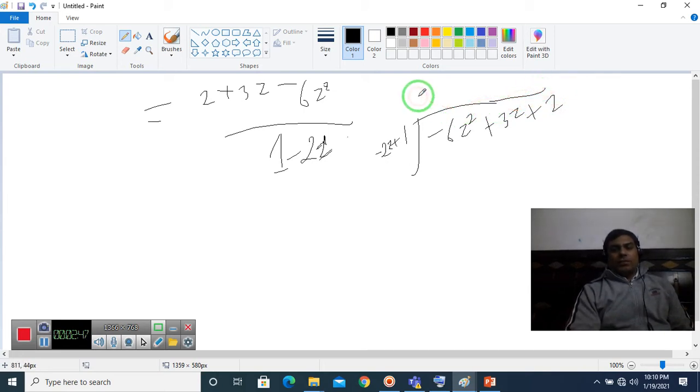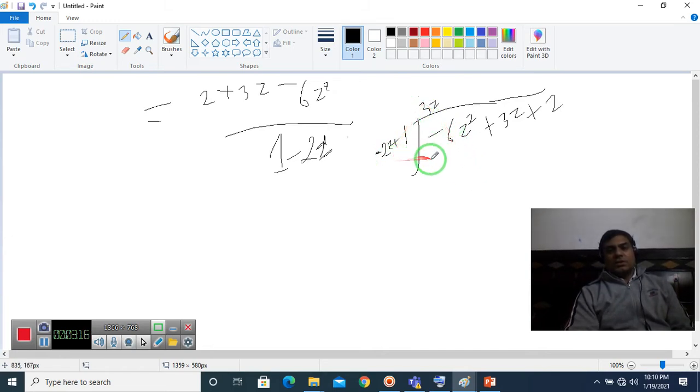Now to get 6z square we should multiply by 3z. Some students will think we should multiply by minus 6. No, because after the multiplication we have to subtract, so we change the sign. If you take the minus sign here, minus minus becomes plus and then you change the sign again, so it will be difficult for you.